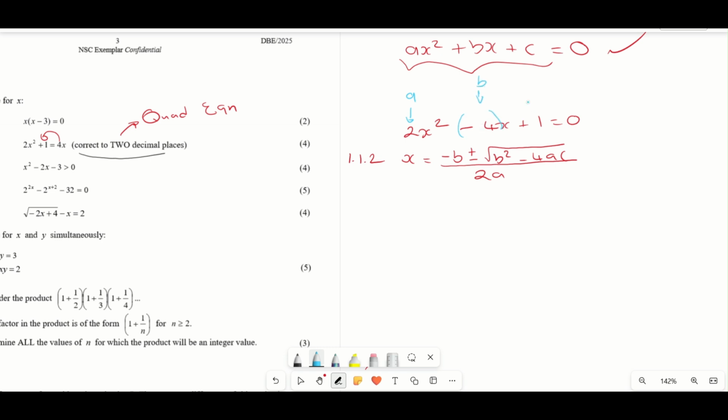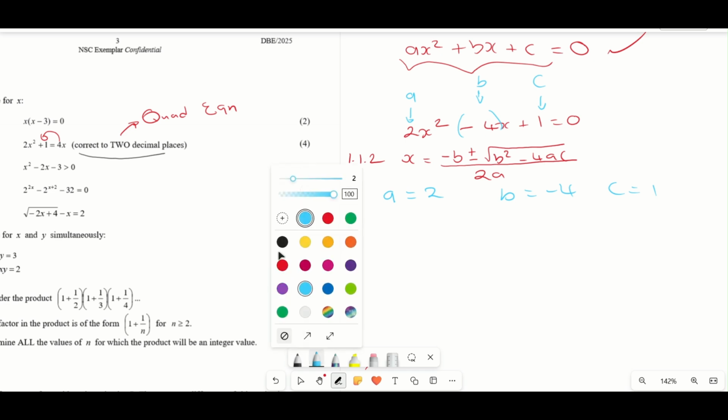is a negative 4, and my c is a positive 1. And then what I do is I substitute, whereby I have my a equal to 2, my b equal to negative 4, and then my c will be 1, right? I hope you can see that color there.